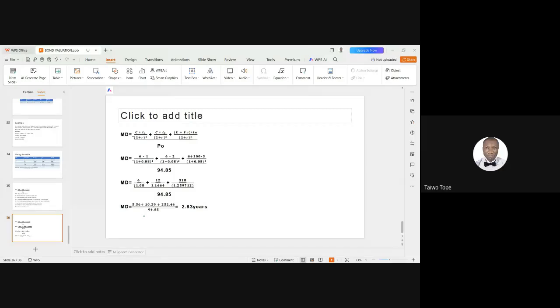So there is another form, the modified duration. The modified duration is the Macaulay duration divided by 1 plus R. So for you to solve for modified duration, you must get your Macaulay duration first.